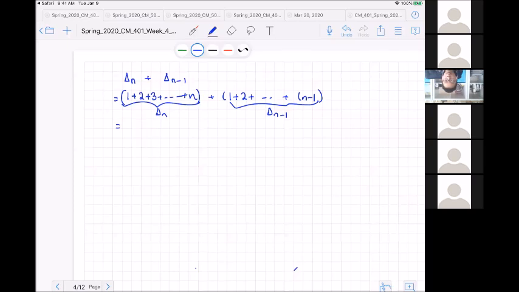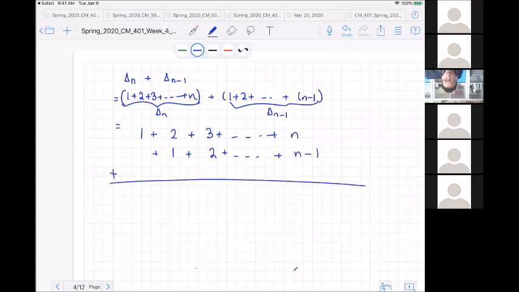Now let's see how I will add these. I'm going to write it in this form, 1 plus 2 plus 3, all the way to n. And then I will write the other one, 1 plus 2, and then all the way to n minus 1. Then if I add these, I get 1 plus 3 plus 5, all the way to 2n minus 1.